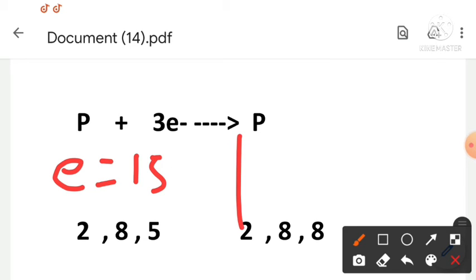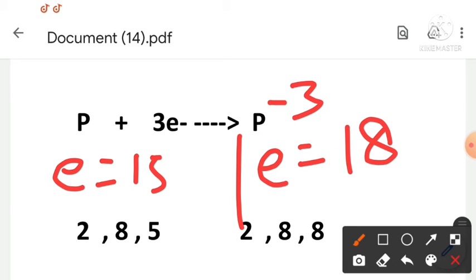After gaining 3 electrons it becomes P minus 3, so the number of electrons is 18. In this way we easily derive the number of electrons by gaining electrons.